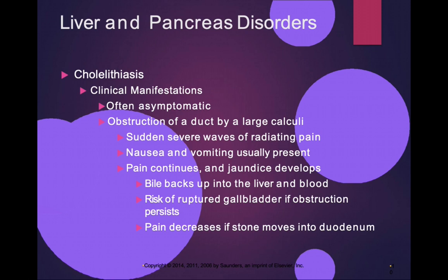There's nausea, vomiting, cramping, pain continues, and then jaundice may develop. That's the yellowing of the skin or the eyes. The bile backs up into the liver and the blood. And when bile backs up, if you can't get rid of it, it gets stuck in the tissues and can lead to pruritus and itching.